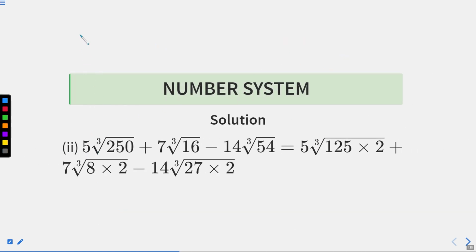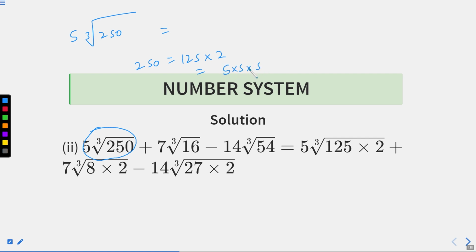So for this, 5 times cube root of 250, I can rewrite it, like we know 250 is equal to 125 times 2, and 125 is 5 times 5 times 5.